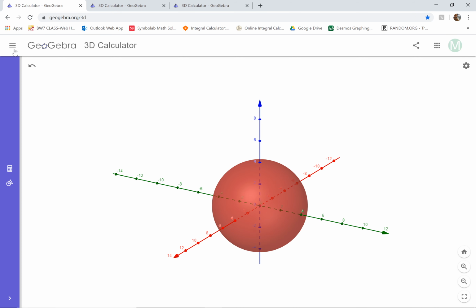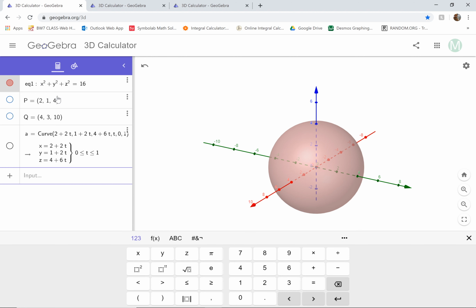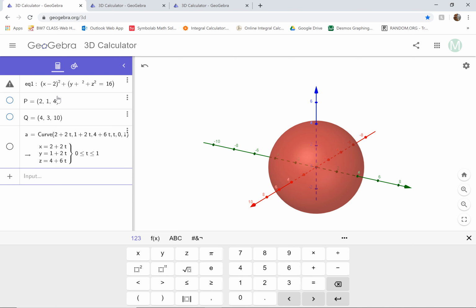Right, and again, in this case, a, b, and c are 0, but we can always play around or change the center.